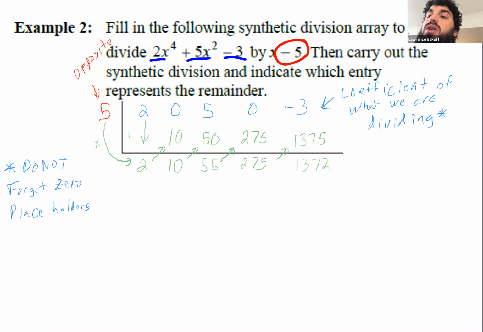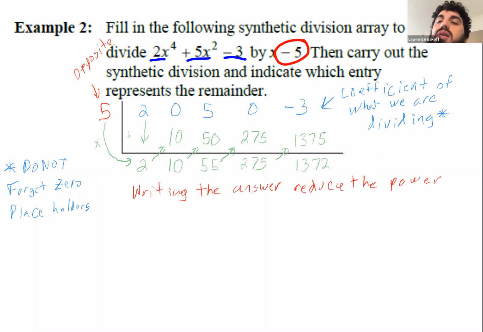So now to write our answer, we go writing the answer, reduce the power by 1. So right away, this started off with to the 4th. So this is going to start off with 2x cubed.